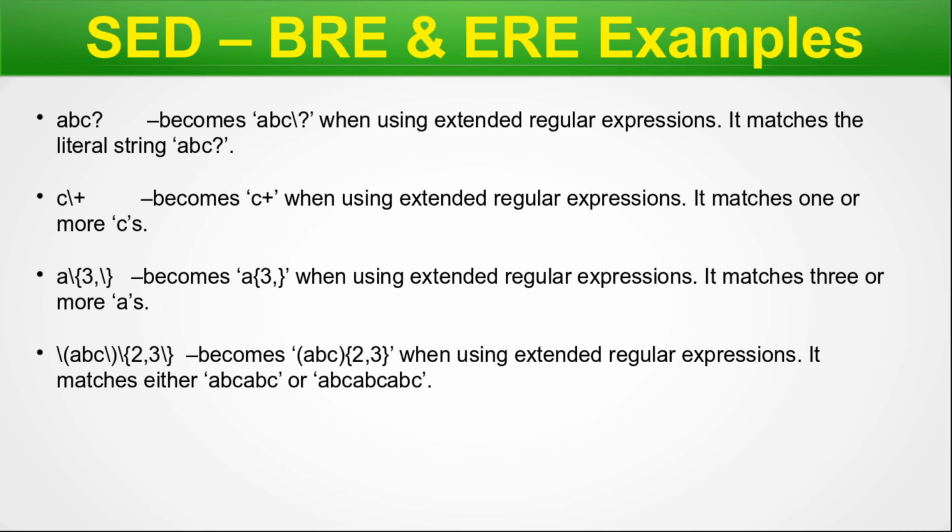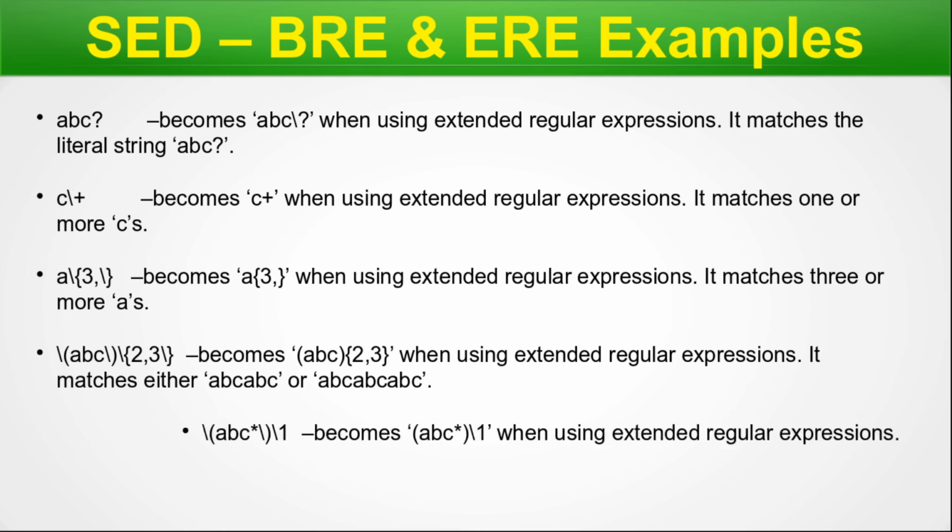So here in this next one we also see the backslash vanishes and it becomes the same without backslash in the extended regular expression. It matches either ABC or ABC ABC. Okay, so you have to try out to understand this, as I said earlier.